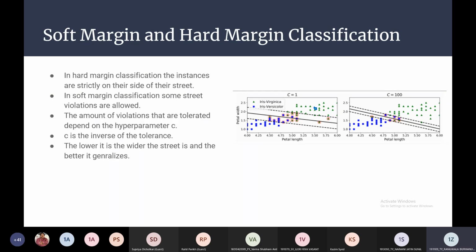In soft margin classification, we allow some margin violations. In this case, you can see these things. These margin violations mean the instances that are either not on their side of the street or on the street actually. Using these margin violations, we can make the model a lot more accurate in real world use cases, because this improves the generalization of the model.